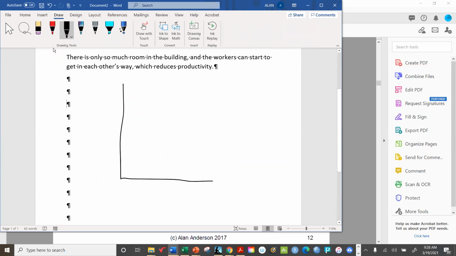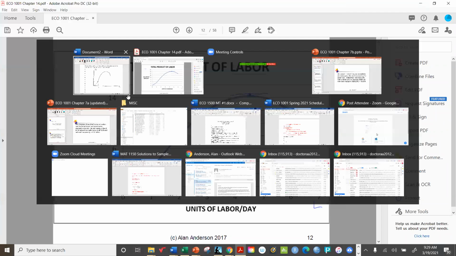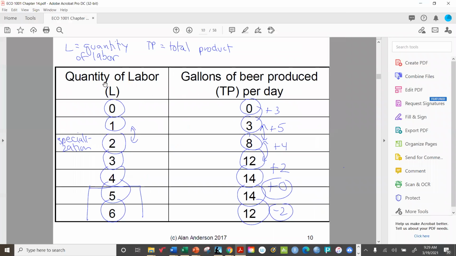So what we're trying to show here is that at first the output rises very quickly, and then it hits some kind of a peak. And then it starts to slow down. So let's say that this here is 2. With 2 workers, the output was 8.